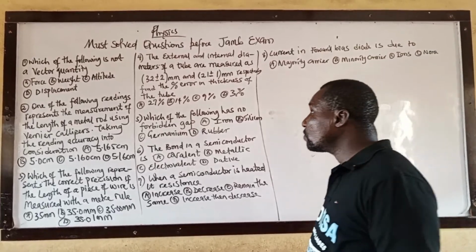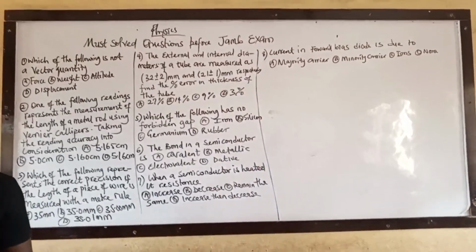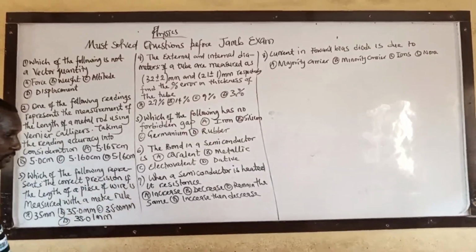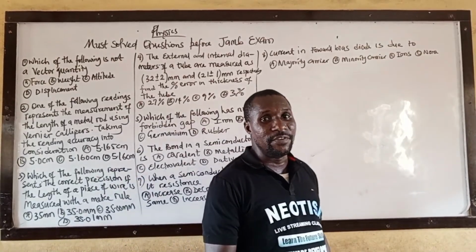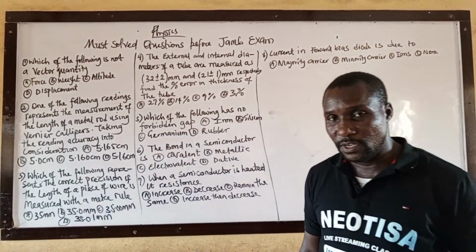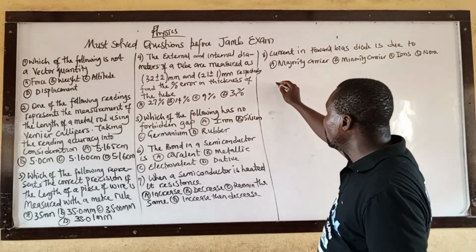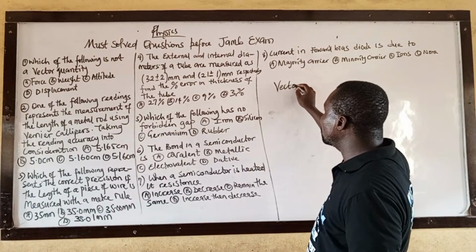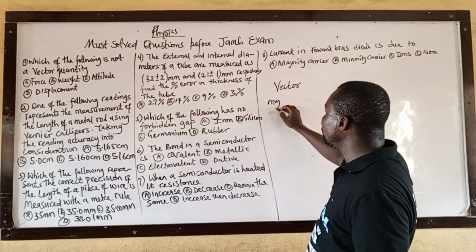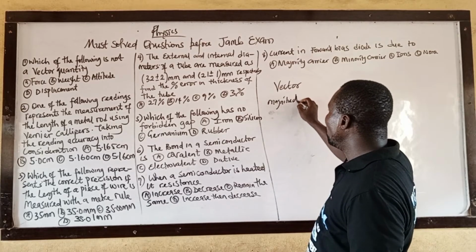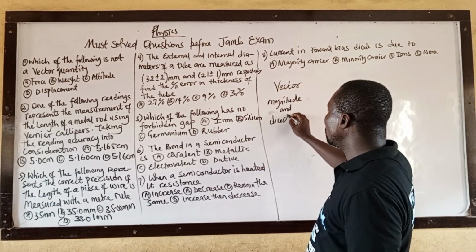The first question. Which of the following is not a vector quantity? What is a vector? A vector quantity is a quantity that has both magnitude and direction.